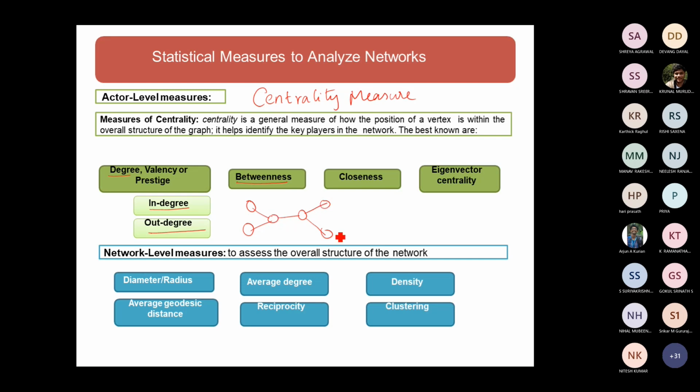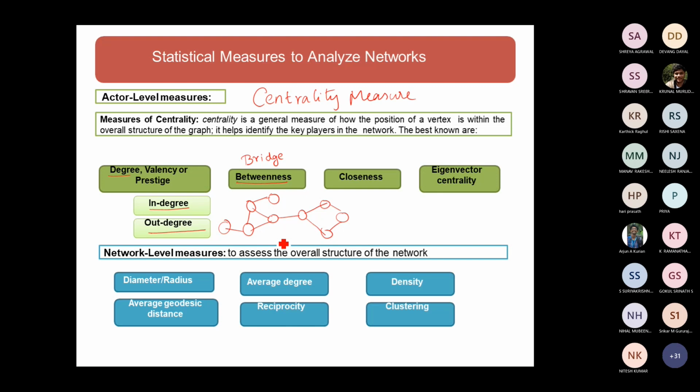If you look at this particular graph, I have a graph like this. Betweenness centrality can otherwise be identified as nodes that act as a bridge to connect two different subgraphs of the given graph.